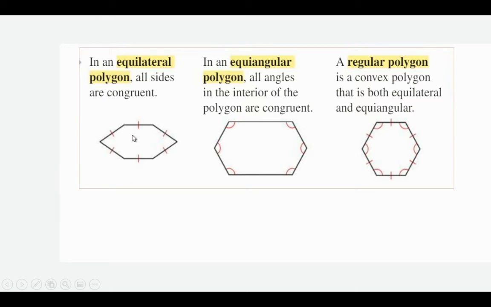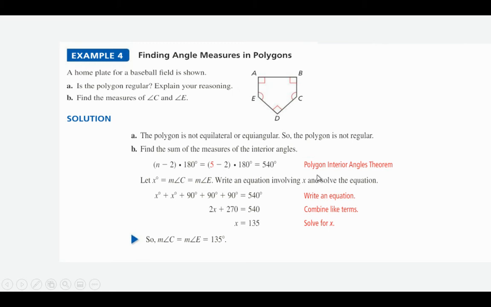We could also see side lengths measured or something along those lines. Now, if we combine both of these, this is what we call a regular polygon. It's a polygon that is equilateral and equiangular, so it has both properties in one. That becomes pretty important, and we see this term regular come up often. So how do you know something's regular? If it's equilateral and equiangular.